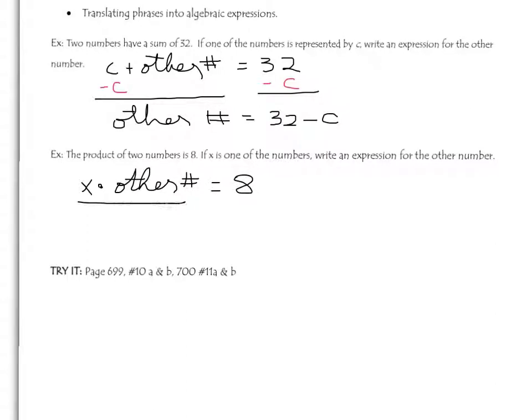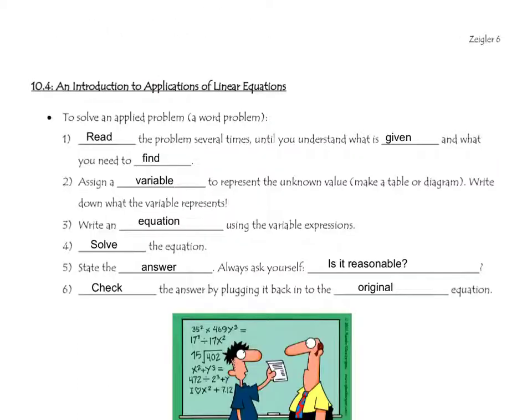And so then we use our tools and divide both sides by X because our variable here is the other number, and we want to get the other number by itself. So the other number equals 8 over X. So practice that kind of problem using the problems on page 699.